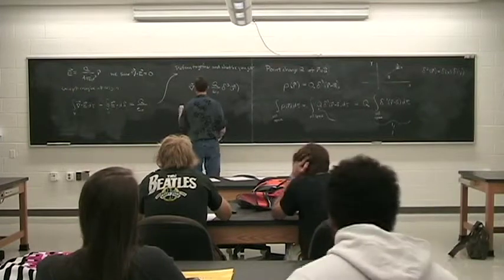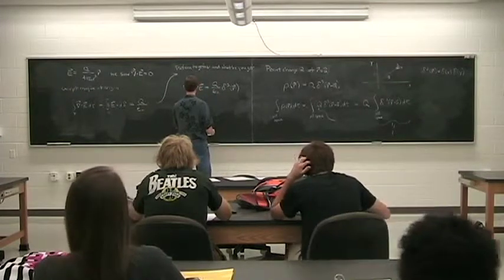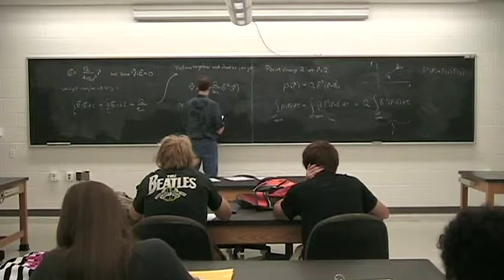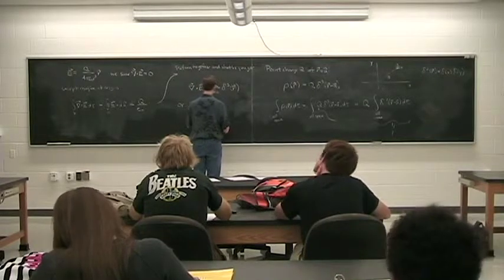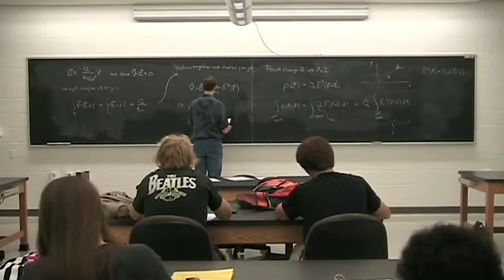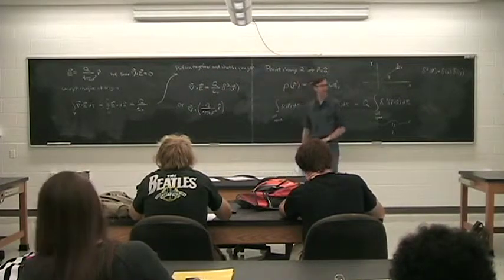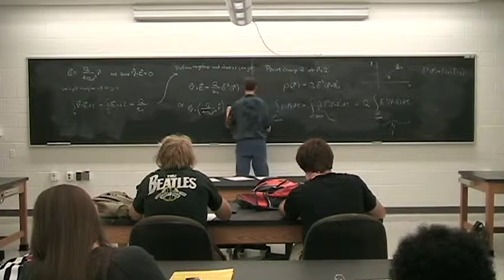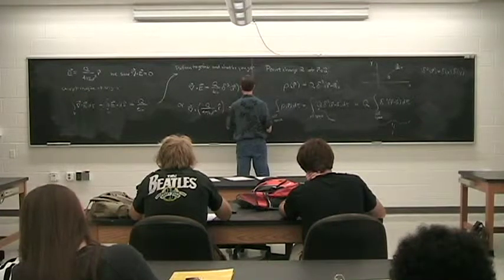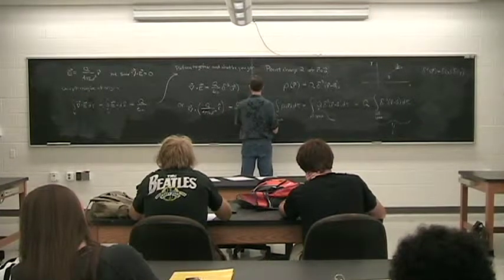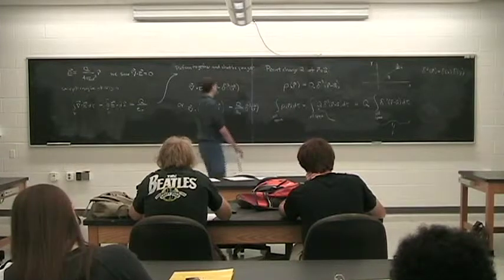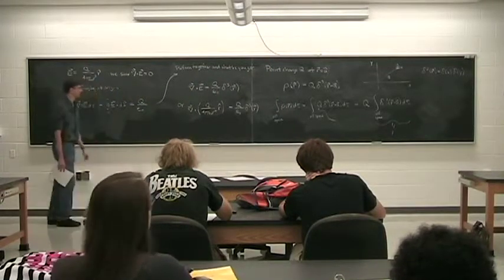And thus we deduce that the divergence of q over 4 pi epsilon naught r squared r hat, which is what E actually is in that case, is equal to q over epsilon naught times the three-dimensional Dirac delta function.